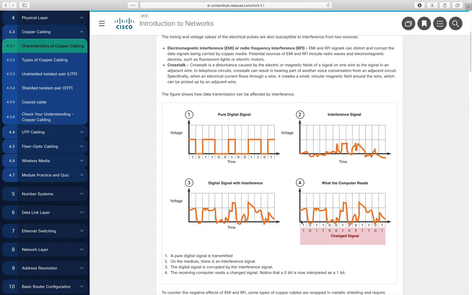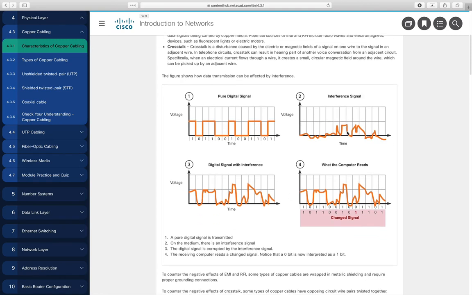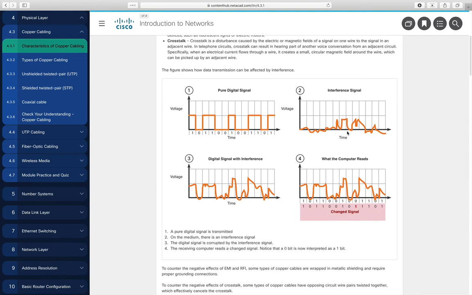And, you know, it doesn't do a whole lot, but right here, it changed that 0 to a 1. So we get an incorrect message or strings of bits being sent to the device because of the interference that the cable is receiving. So that's one of the drawbacks to copper cable, is it's susceptible to electromagnetic interference.